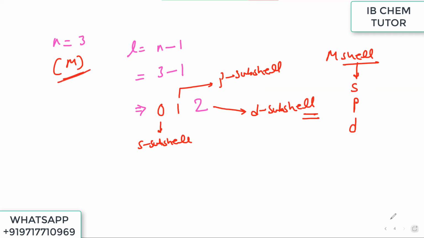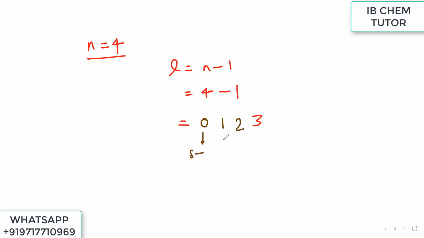Okay, take one more example. So now I'm taking n is equal to 4. So apply the formula. l is equal to n minus 1, so this is 4 minus 1. So this will come 3, but automatically we have to take 0, 1, 2 here also. Okay. So 0 stands for S subshell, 1 stands for P subshell, 2 stands for D subshell, and 3 stands for F subshell.